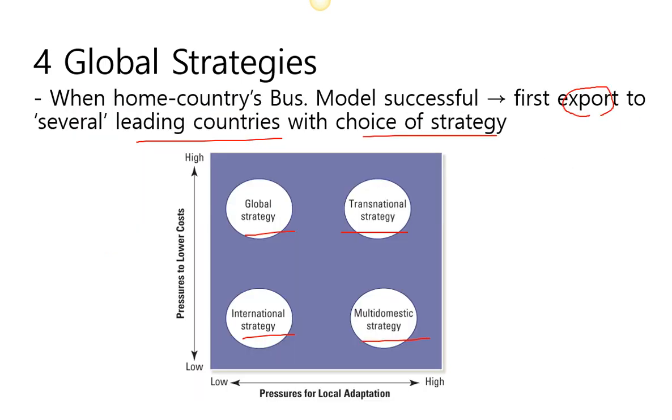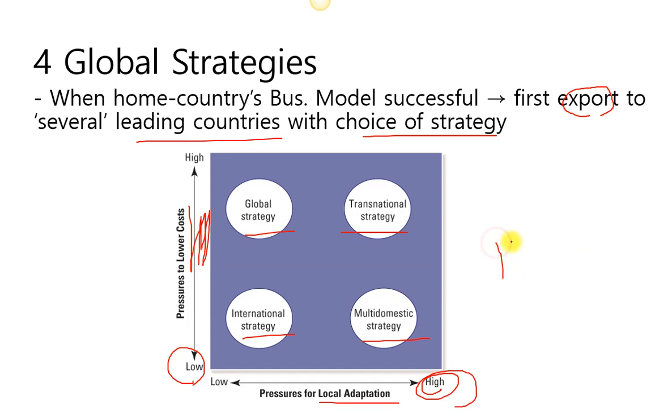So this is a grid. As you can see, the pressure to adapt to local adaptation is high when the pressure to lower the cost is low. Because if you make an advertisement for each country, obviously the cost of production will go high. It's not going to be low.